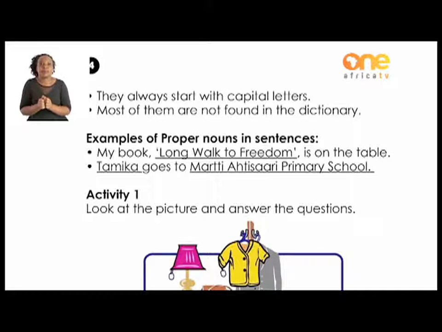The next one, Tamika goes to Mati Atisari Primary School. Now, the underlined words Tamika and Mati Atisari Primary School, those are the proper nouns.